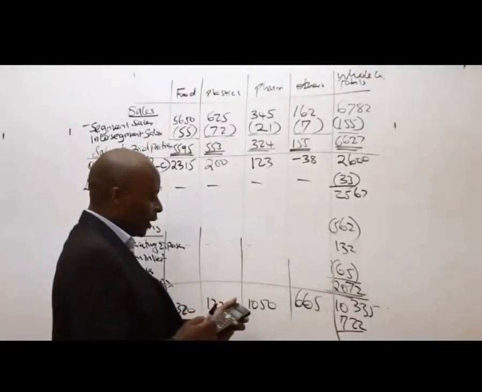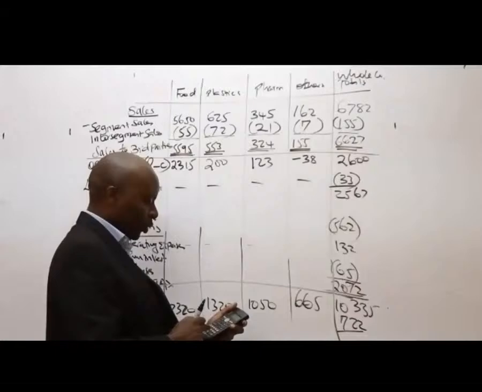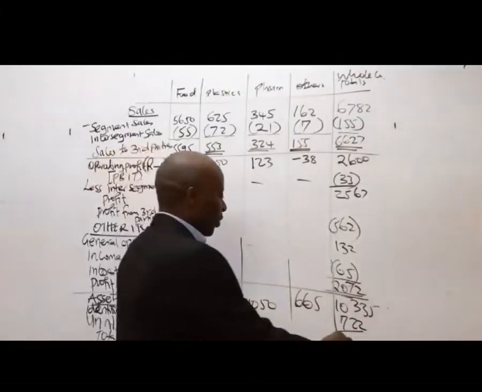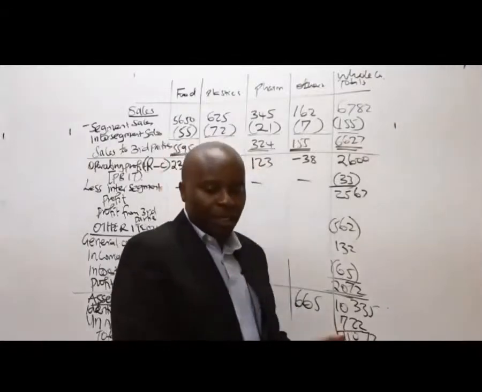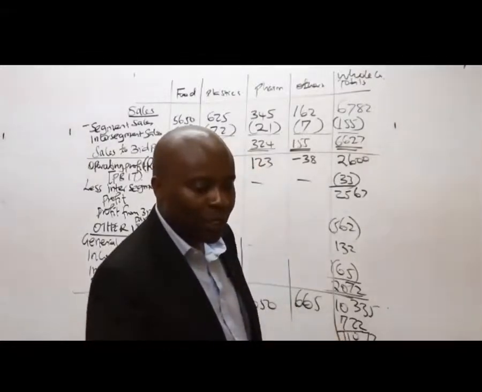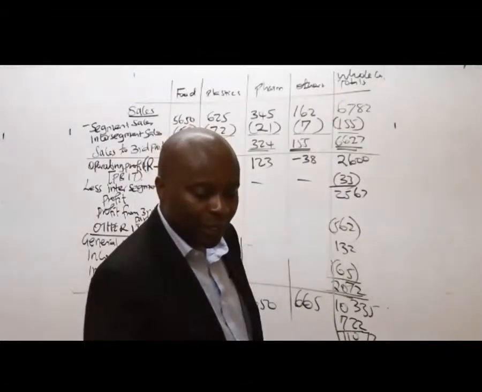So total assets here will be 10,335 plus 722, which will give us 11,077.